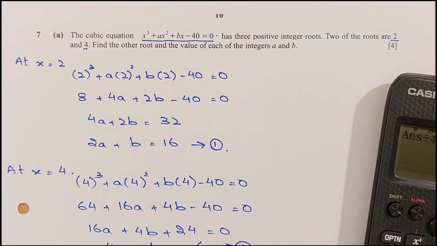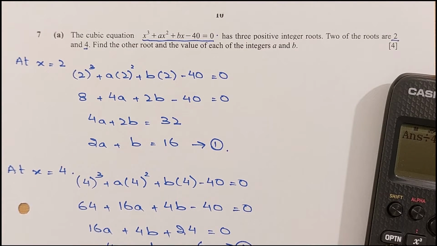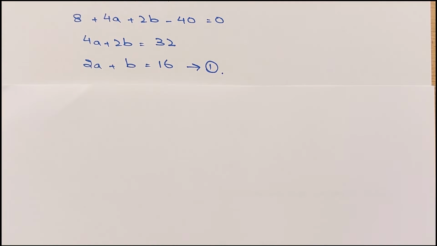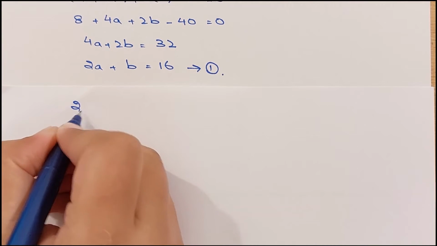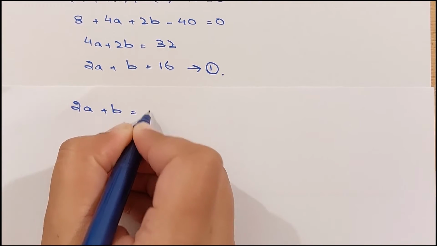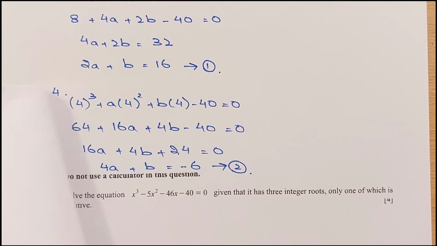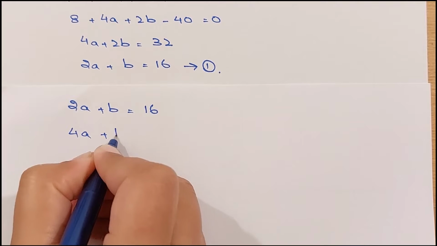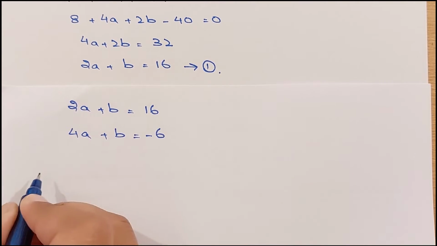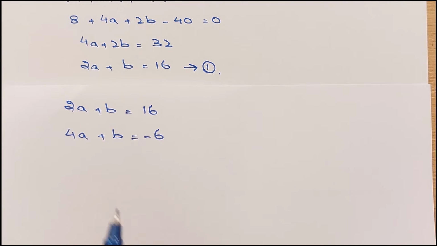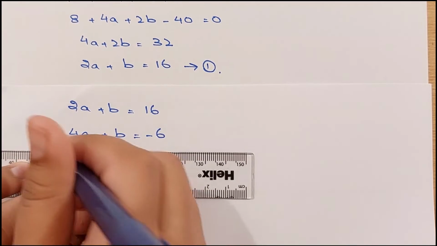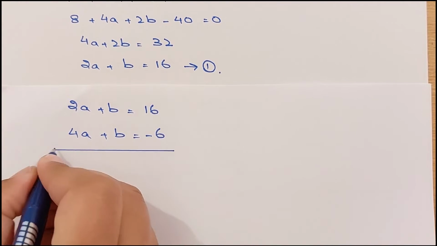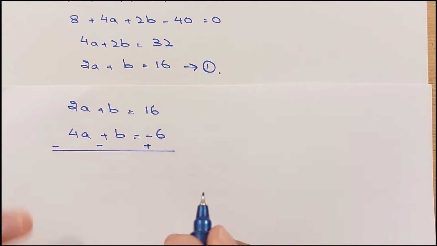Now let me solve for a and b. Let me rewrite the two equations. 2a plus b equals 16 is my first equation, and 4a plus b equals minus 6. 4a plus b equals negative 6, right? So if I subtract the two equations, we can get rid of b and solve for a easily. So subtract, subtract, and plus.